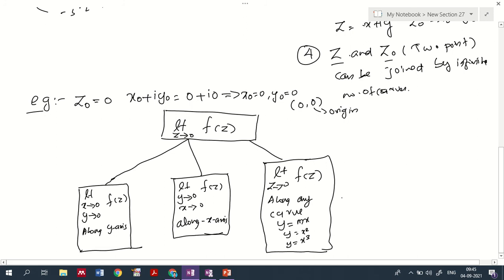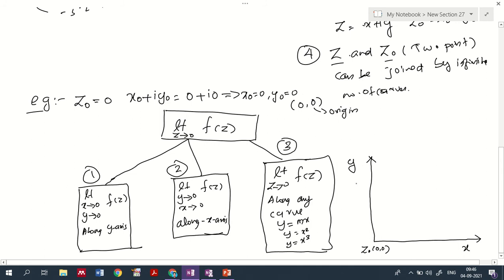So what I mean is, let me represent it here. Let me draw this one. Here I'll have y along the y-axis, and along the x-axis I'll have x. And as I said, z0 will be at the origin, so this will be equal to 0, 0. In the first case, this is the first case I have addressed, the second case is this one, and this is the third case.